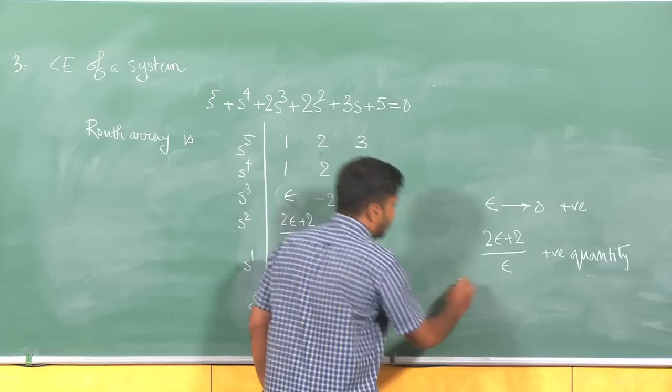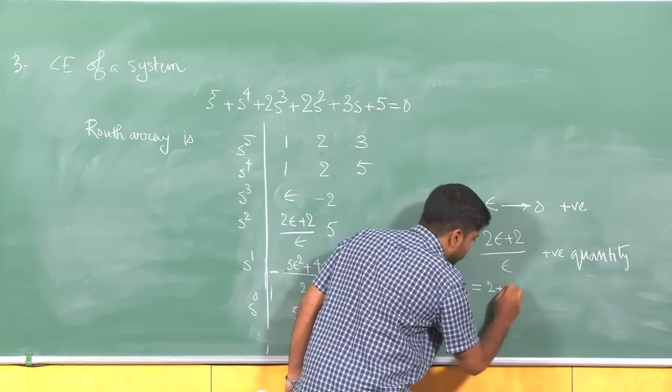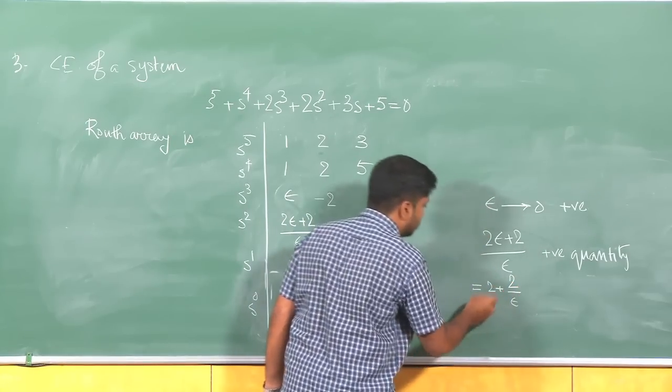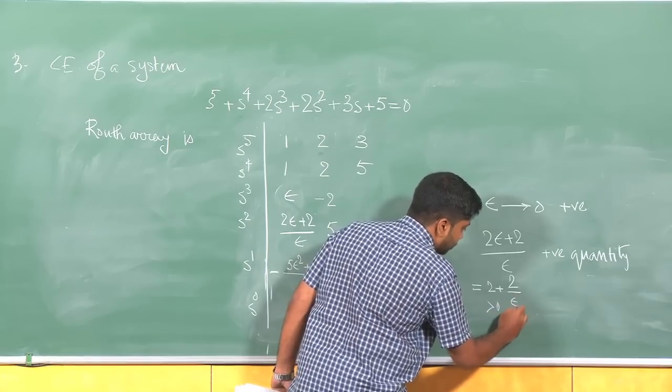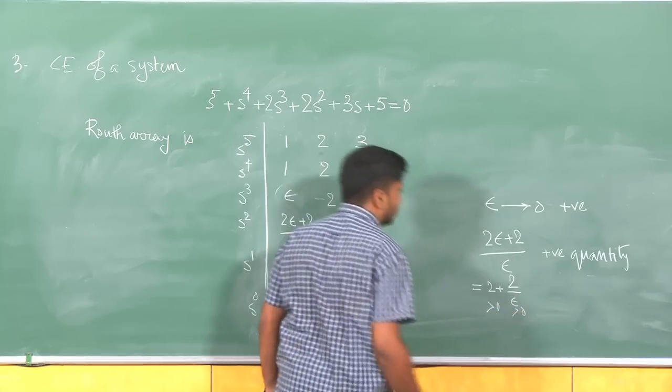because you can write it as 2 plus 2 pi epsilon. So, this is greater than 0 and epsilon is positive. So, this is also greater than 0.